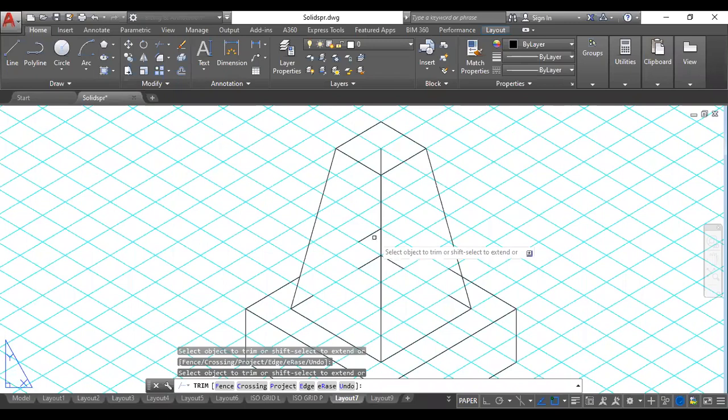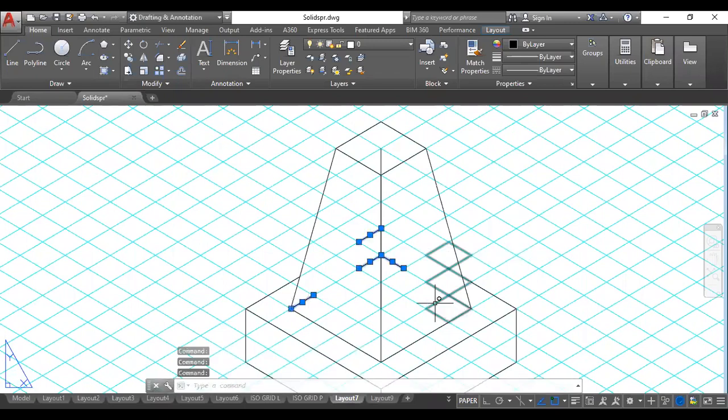Right. So all these parts will be hidden, which will not be retained in isometric. So this becomes the solution for the problem they have given.